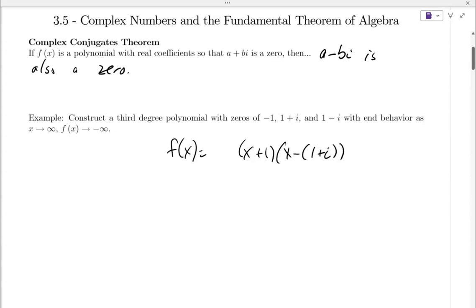If something is a zero, then x minus that thing is a factor. So what would be the third factor here? Yes, there's a third one, exactly. Again, the rule is that if something's a zero, x minus that something is a factor.